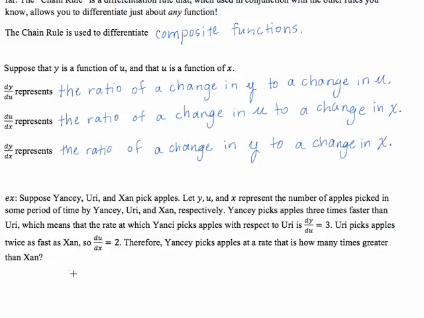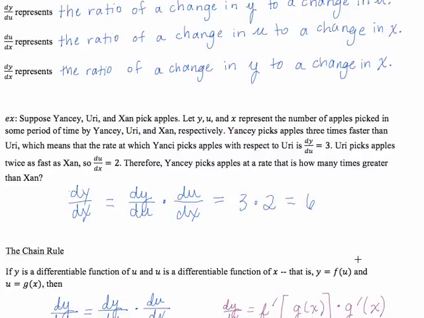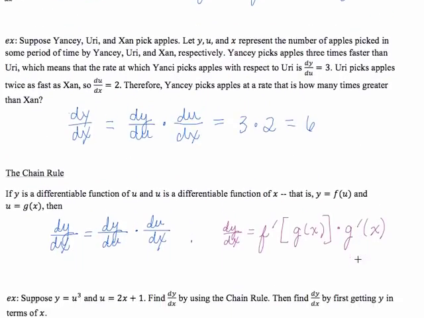Okay, in other words, dy dx, the rate at which Yancey picks with respect to Jean, or the ratio of the change in y with respect to x, it's equal to the product of the rate at which Yancey picks with respect to Yuri times the rate at which Yuri picks apples with respect to Jean, or in other words, 3 times 2. So Yancey picks apples 6 times greater than Jean. It's the multiplication of those first 2 rates.